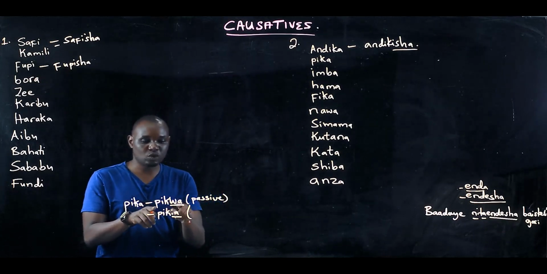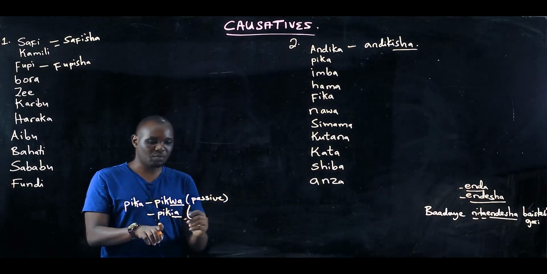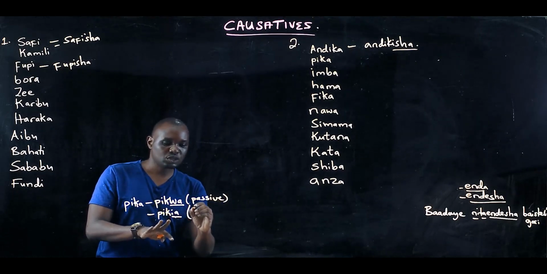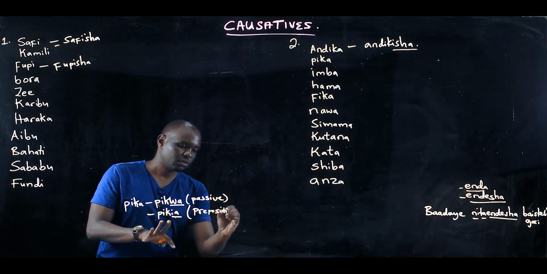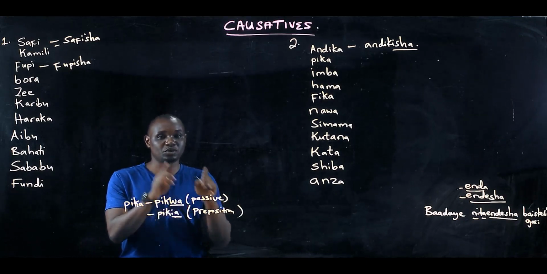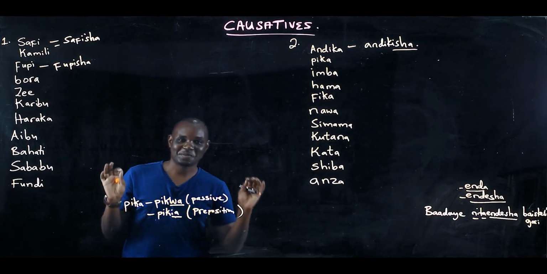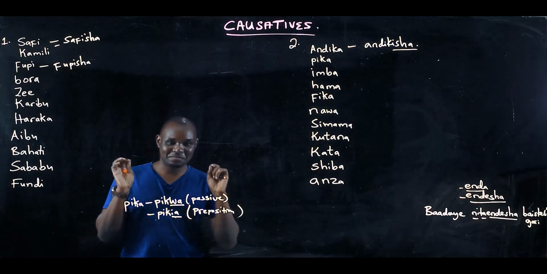Pika is to cook. Pikwa is to be cooked. Pikia is to cook for someone. So that was the preposition form of the verbs. If you did not learn this topic, go to my website and learn that topic.